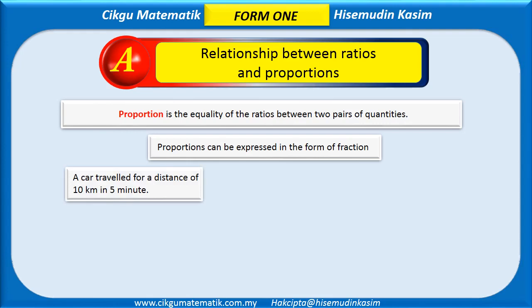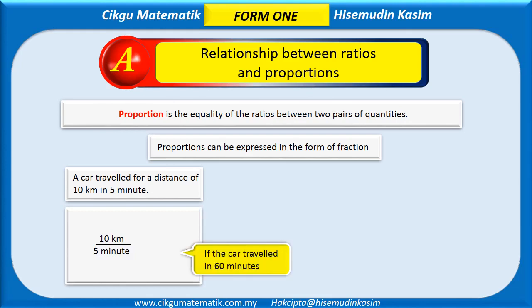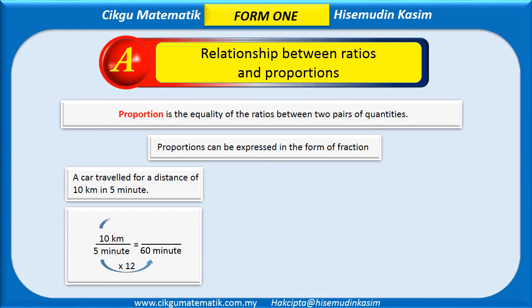A car travels for a distance of 10 km in 5 minutes. 10 km over 5 minutes. If the car travels for 60 minutes, 5 minutes times 12 equals 60 minutes. 10 km times 12 equals 120 km.